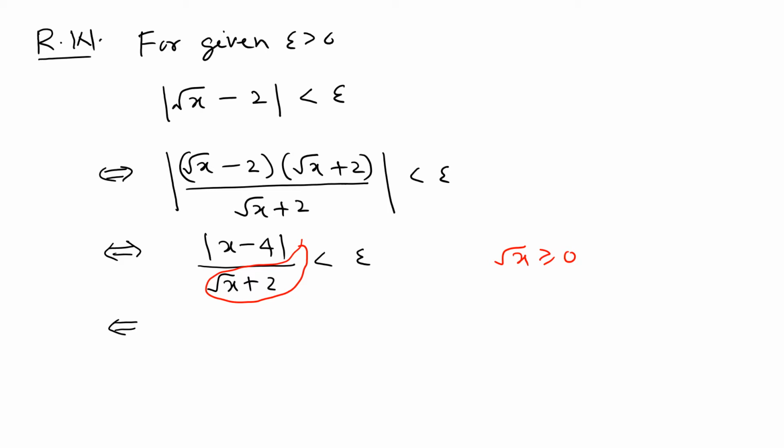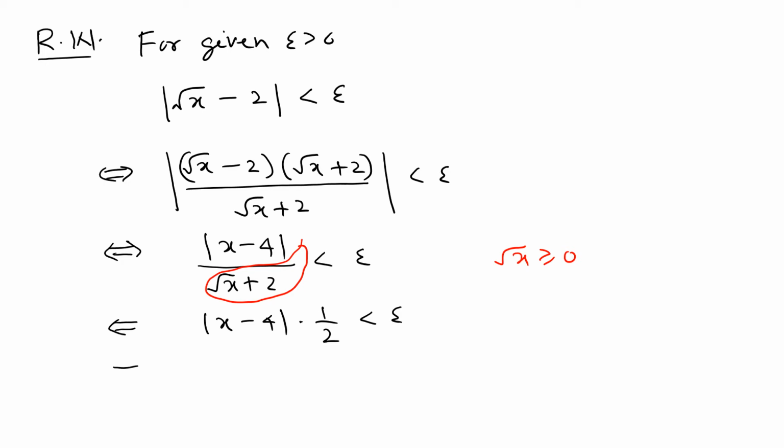So the largest value is absolute value of x minus 4 times the largest value of 1 over the square root of x plus 2, which is 1/2, because since the square root of x is greater than or equal to 0, if you add something positive to the denominator, it's going to be smaller. So the implication goes that way.